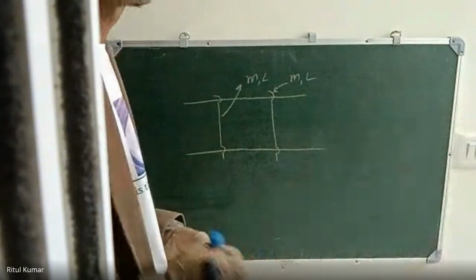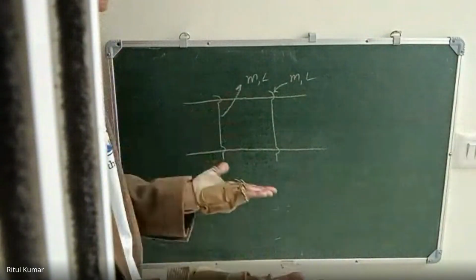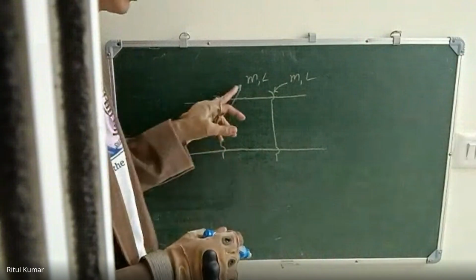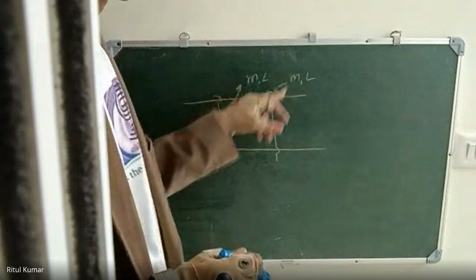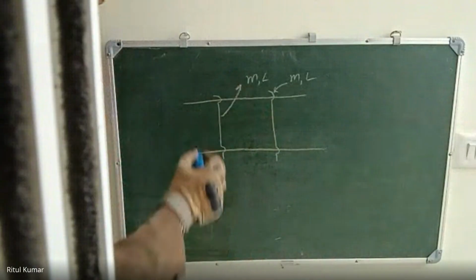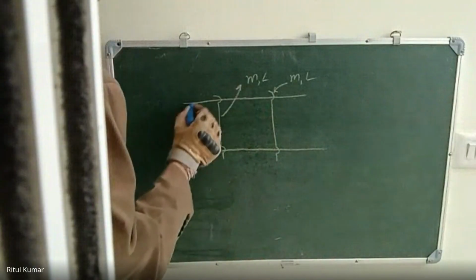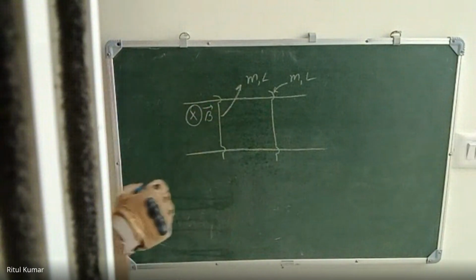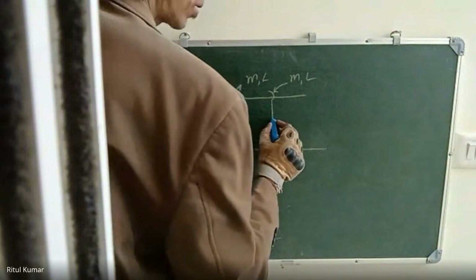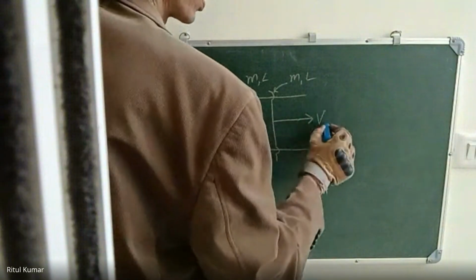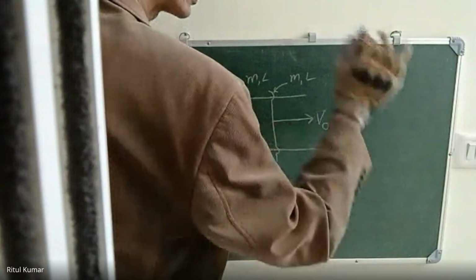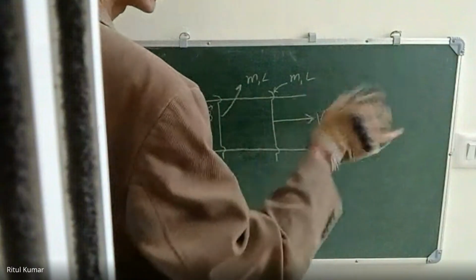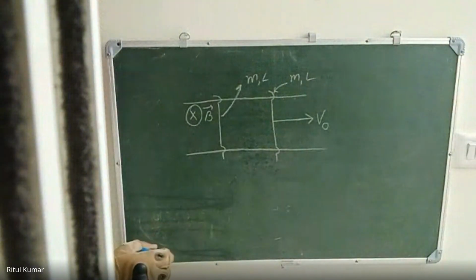Got it? Horizontally place the first slider, mass M, length L, and the second slider, mass M, length L. A B field is present, entering the plane. Then you start moving this, or give an impulse to it, in this direction, to the right.